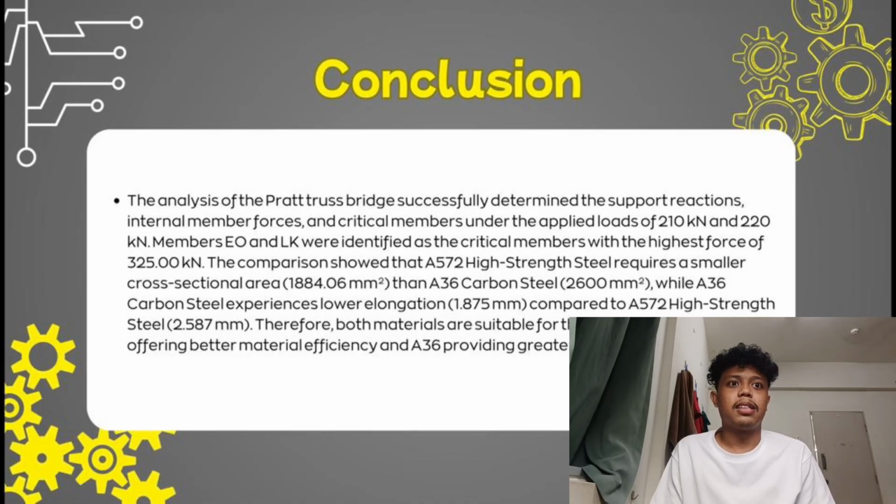Therefore, both materials are suitable for the structure, with A572 offering better material efficiency and A36 providing greater resistance to deformation. Thank you.